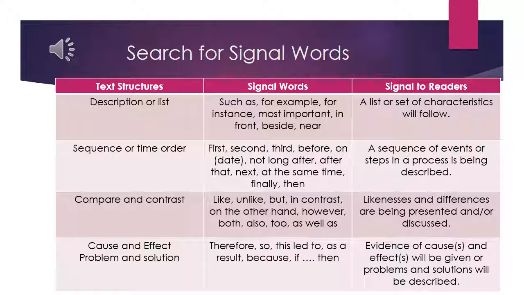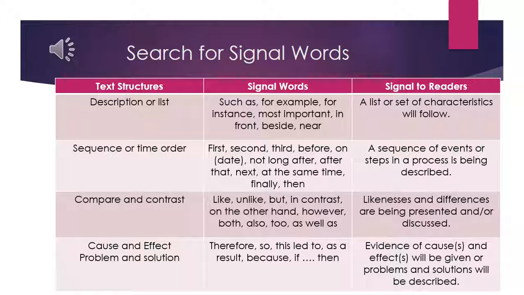The signal to readers is a list or a set of characteristics that will follow in order, one behind each other, just to describe an event, a person, a feeling, something of that nature.